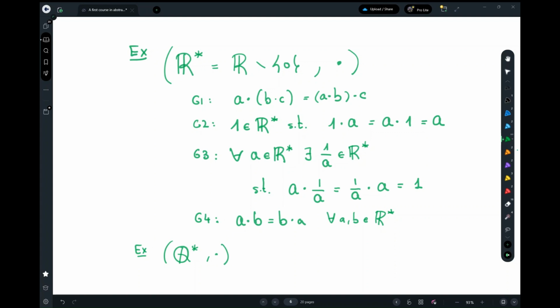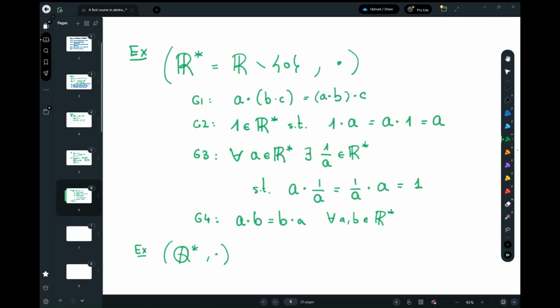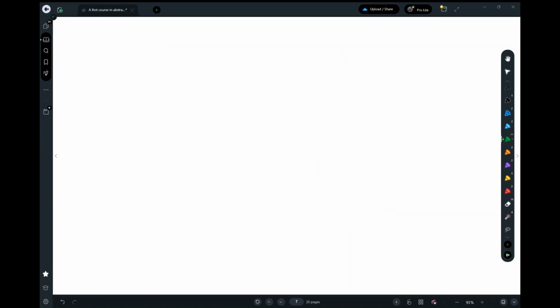However, how about if we try to do the same but with multiplication of 2 by 2 matrices, with matrix multiplication.